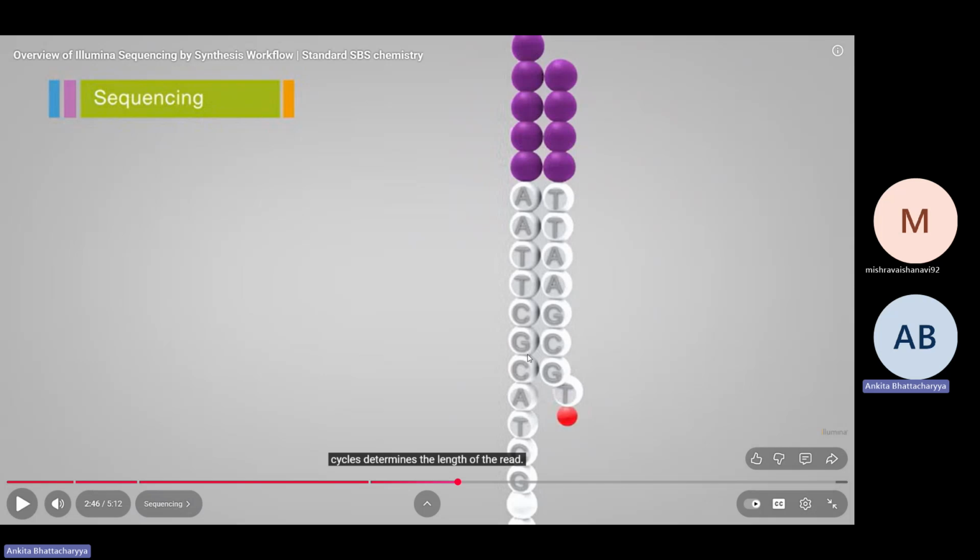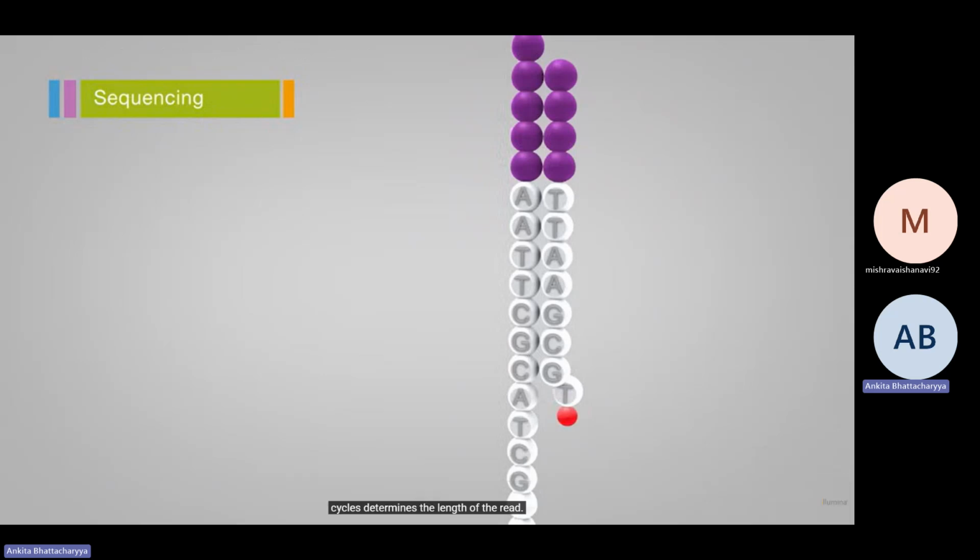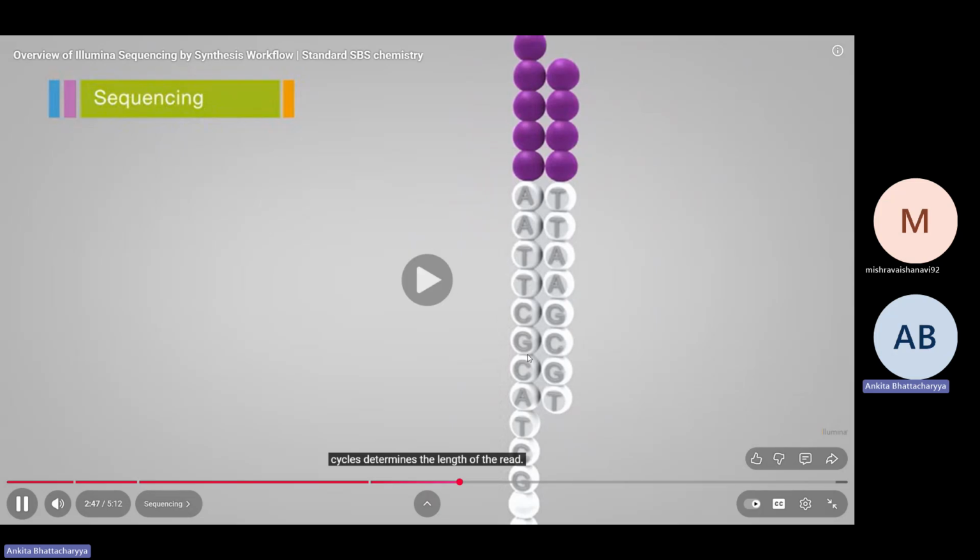So basically, sequencing by synthesis means that you're using a template strand and you're synthesizing the complementary strand. And at the time of synthesis, you are also decoding the sequence of that molecule. So therefore, the concept of sequencing by synthesis was kind of proprietized by Illumina.